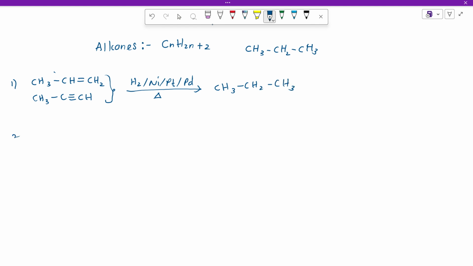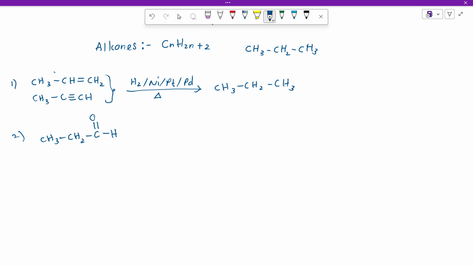Next, number 2, an aldehyde or a ketone. You might already know that an aldehyde is a structure like this, or else a ketone. This conversion procedure is the same for both aldehyde and ketone. Without writing them under separate categories or numbers, I'll just write them in a common way so that you can easily remember them.